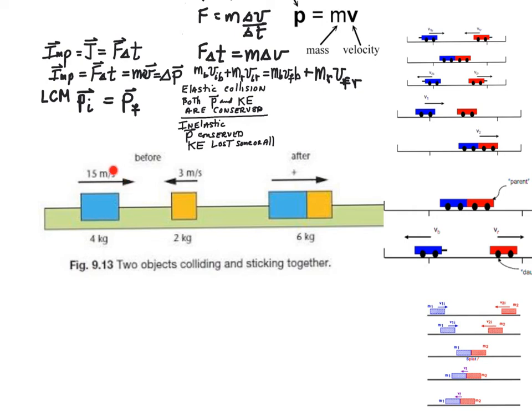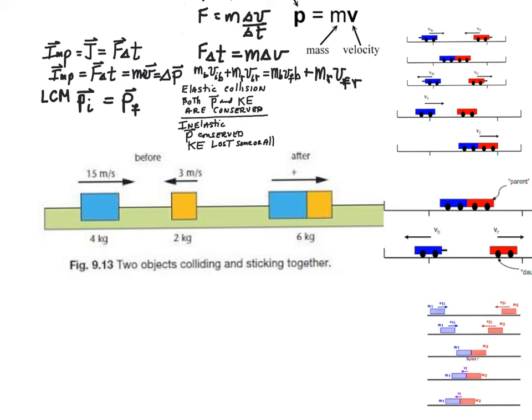So notice, this is a positive momentum, and the mass times the velocity, it's going to be 4 times 15. So there's 60 units of positive momentum. And then the smaller object, which is only 2 kilograms and 3 meters per second, this is a negative 3 meters per second.